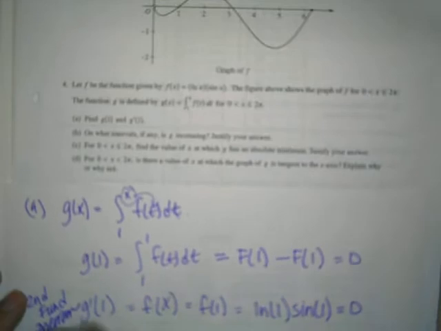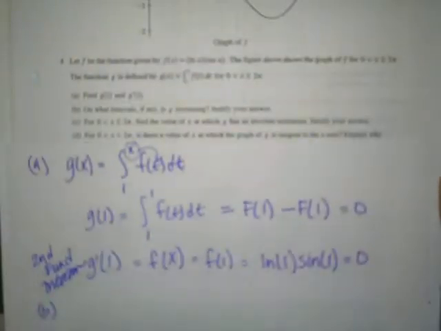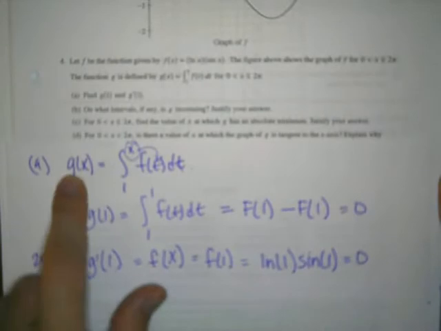Okay, for B. On what intervals, if any, is g increasing, and justify your answer? This original graph is the graph of f, and we want to see where the graph of g is increasing. And the graph of g is the integral of that function.